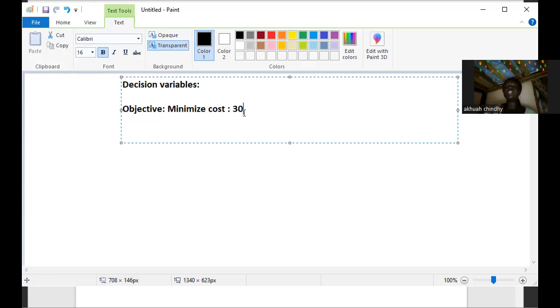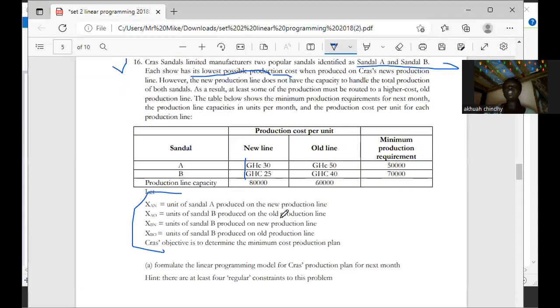So you write 30 XAN. That's sandals A on the new production line. But we use X because we don't know the amount we're going to produce. Then from the question, the old production line for A contributes 50, right?